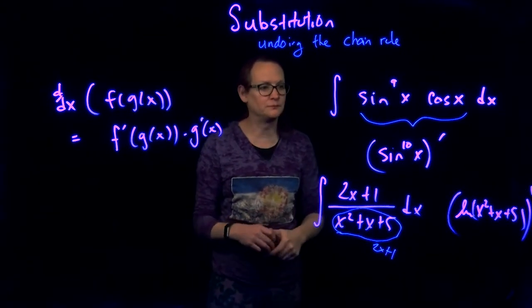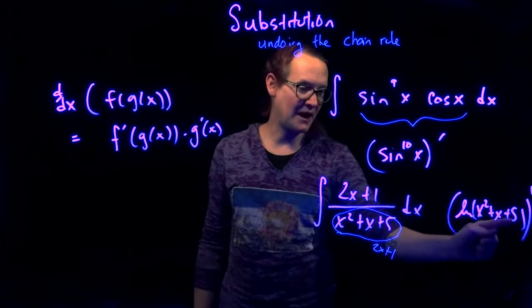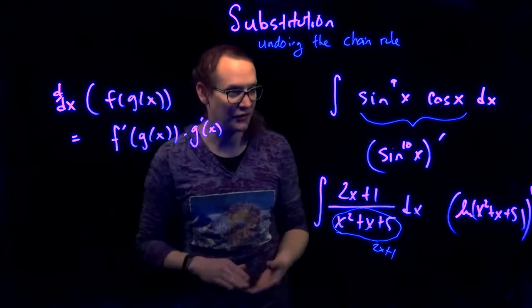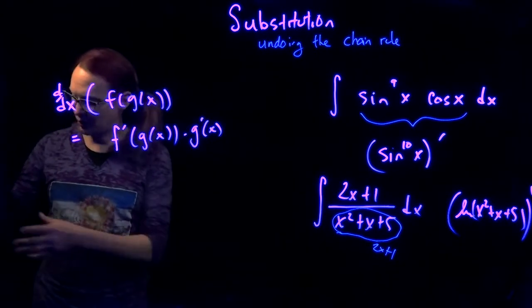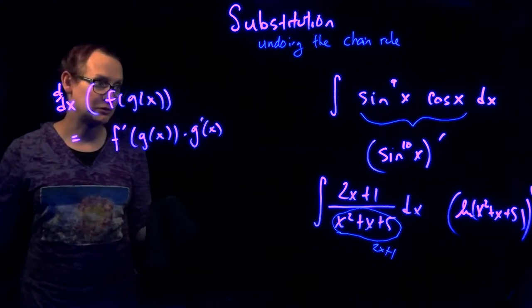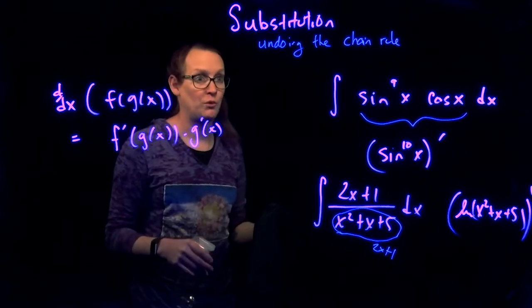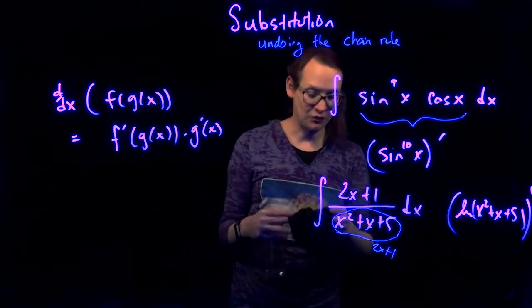Because the derivative of a natural log is 1 over, and then if we chain that out, we'd have the 2x plus 1 on the top. Those are the kinds of things we're going to solve using substitution. That is to say, we're going to try to undo the chain rule to recover this original function.